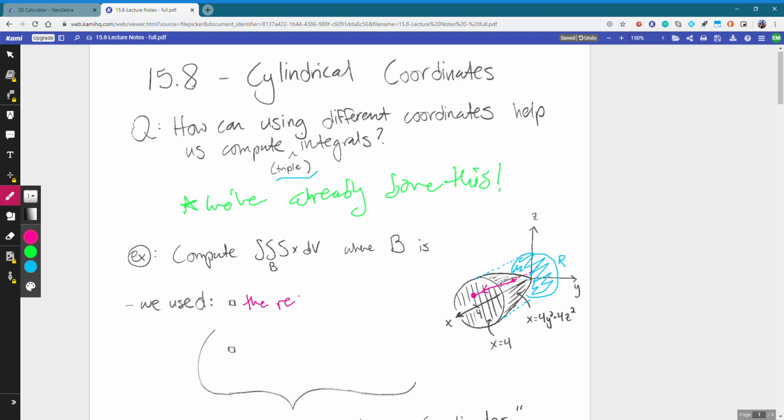So we used the rectangular coordinate x to start, and then afterwards we used polar coordinates, r and theta, to then describe the yz plane.